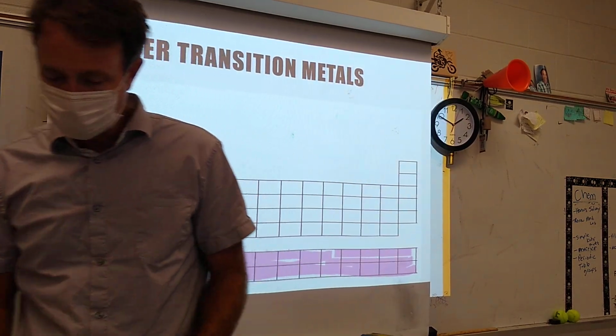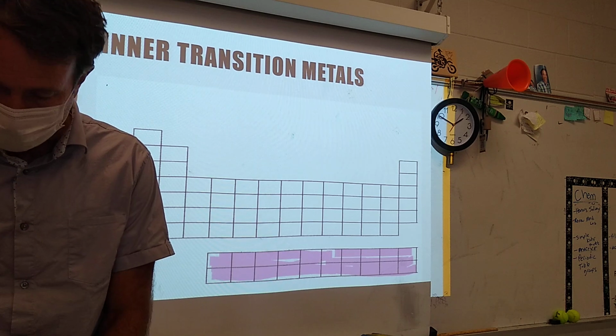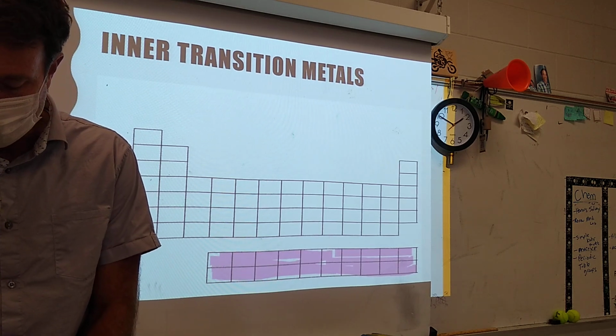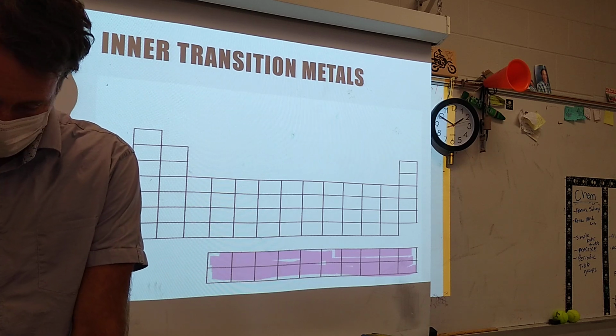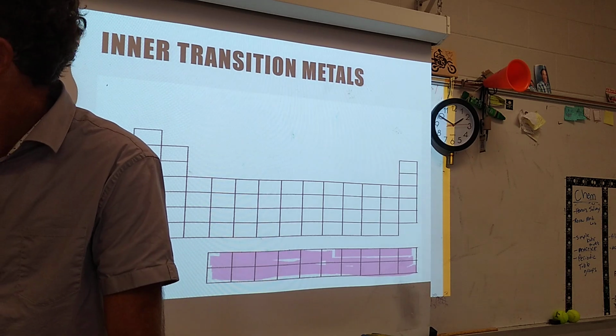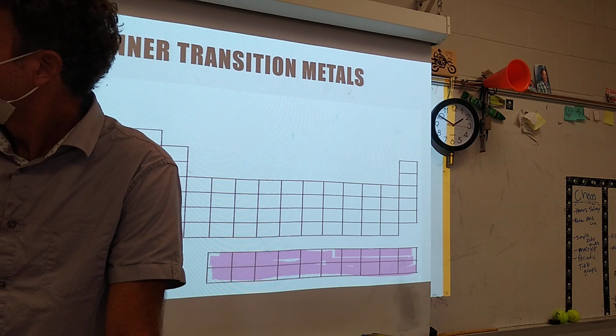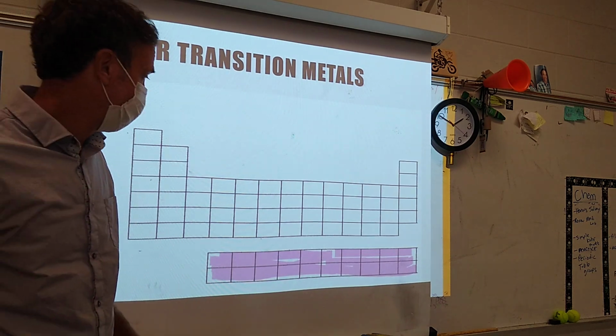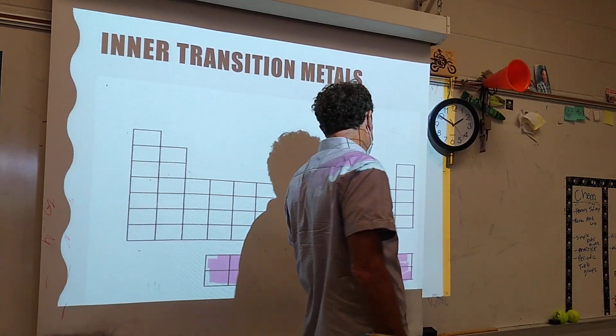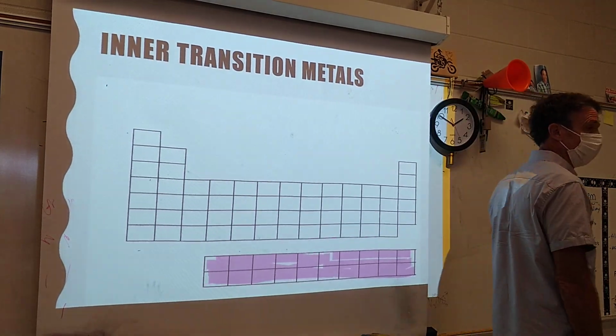And they're not as easy to use or as popularly used as the regular transition metals, and because they have some special traits. All right. And if you look down there, you won't recognize a lot of the names, especially in the top row. You'll recognize some heavy hitters down here in the bottom row.